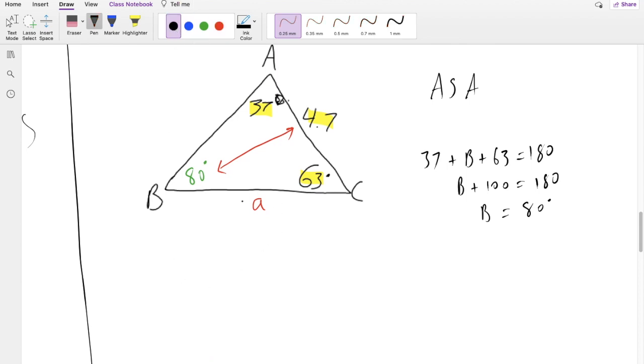I'm trying to find a side, so I'm going to put my side in the numerator. So I have 4.7 over the sine of that angle, which is 80 degrees. And that's going to equal the side I'm looking for, A, over the sine of its opposite angle, which is going to be that 37 degrees.